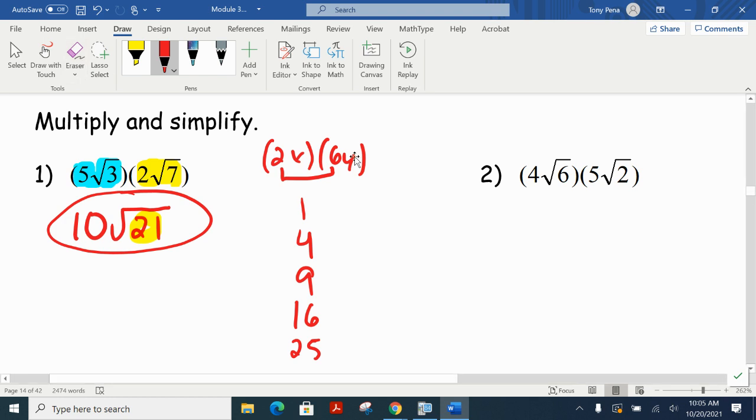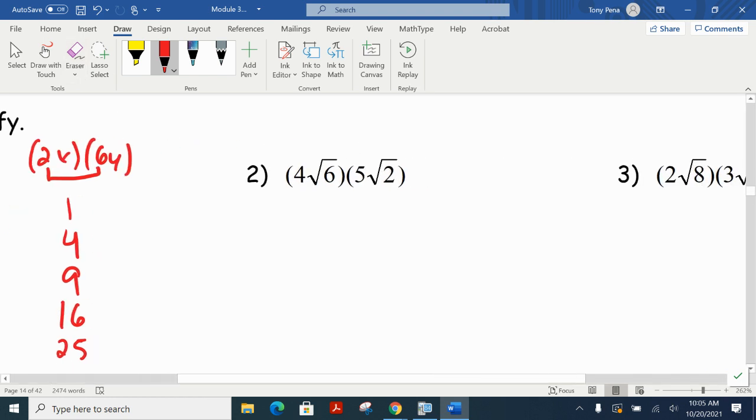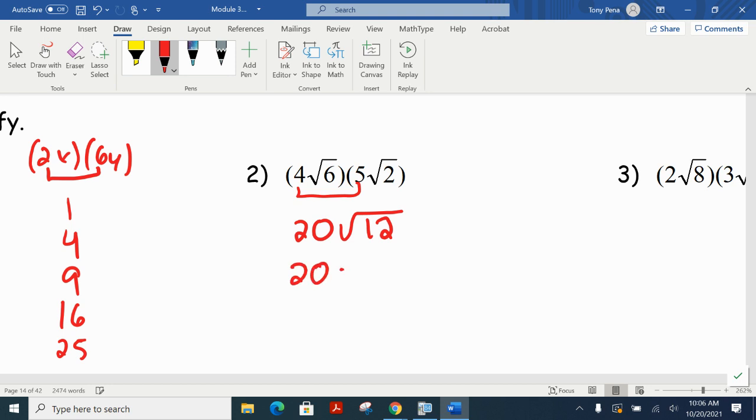All right. 2, however, when we multiply them, you're going to take the 4 and the 5. That would make 20. And then underneath the radical, you're doing 6 times 2, which gives us a 12. We've done 12 like 5 times today already. So of all the ones, we should know that 12 can definitely be broken down further.